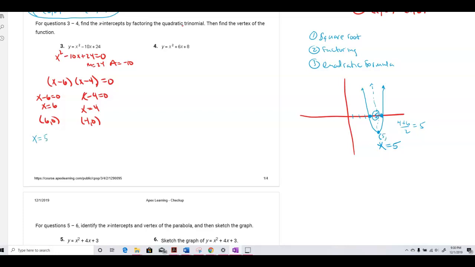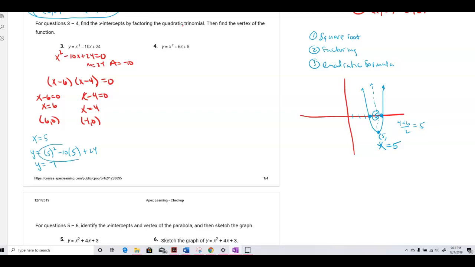So if we know x is equal to 5, all we do is plug that back in to find the corresponding y value. So y equals 5 squared minus 10 times 5 plus 24. Now, when I go ahead and do that, I get a y value that is equal to negative 1.